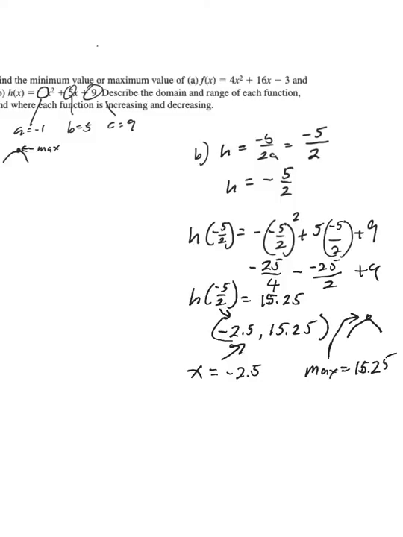And we also know that it's going to increase up to negative 2.5, and it's going to decrease beyond to the right of negative 2.5. I should say increase to the left. A lot of information we're getting from that.